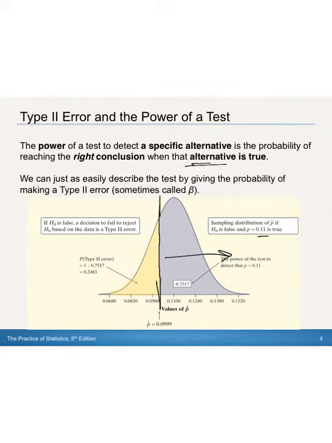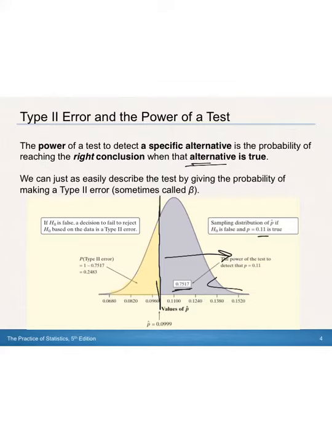So this distribution of 0.11, this gray part is called the power of the test. And this probability is 75.17%. So this particular test has a 75% probability of coming to the right conclusion when that alternative is true. In this case, we are rejecting the null.